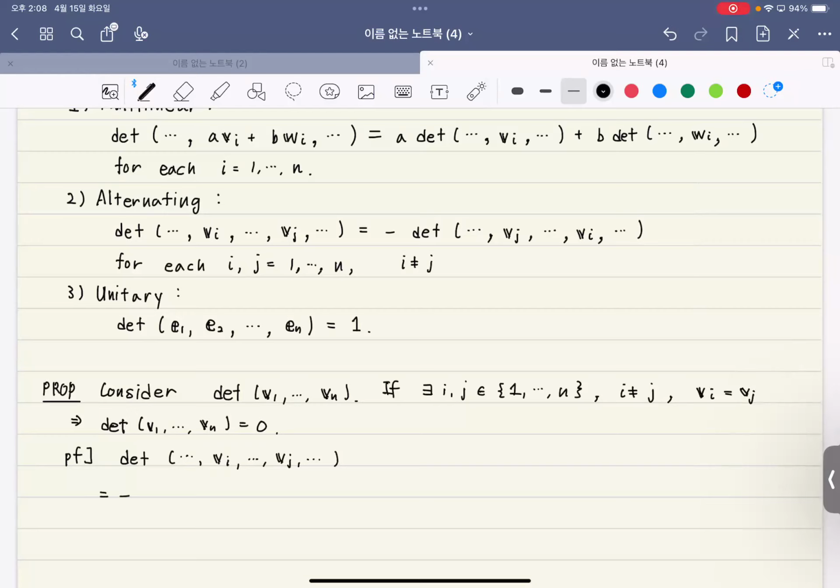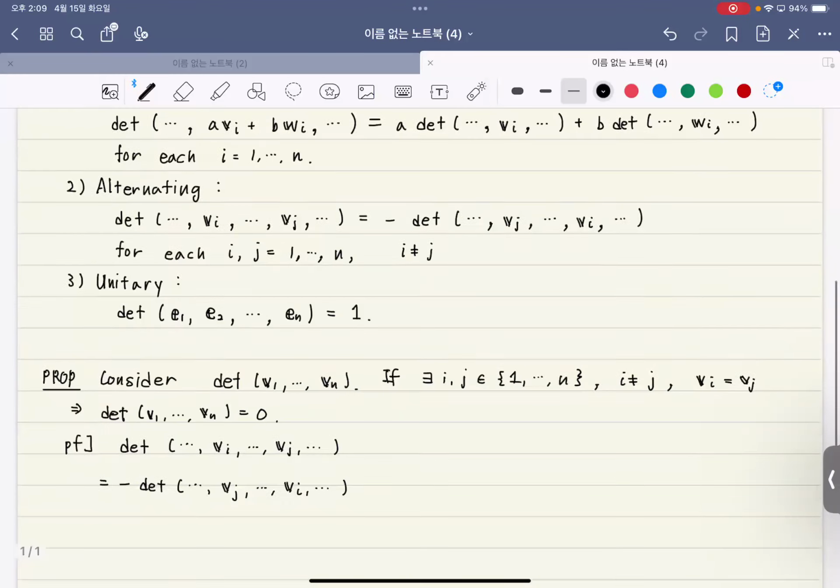And by the alternating property, this is the i's position and this is j's position. By swapping these two row vectors, I have one negative sign.